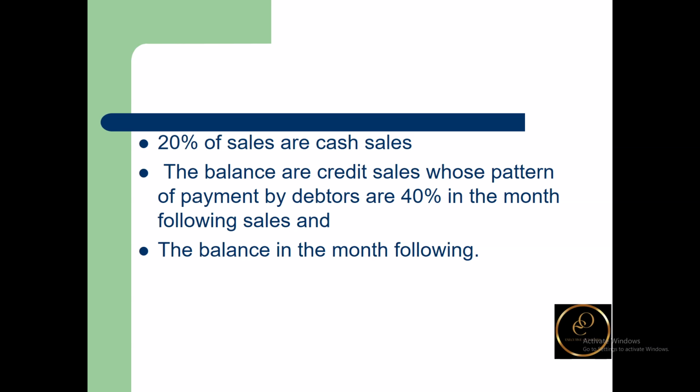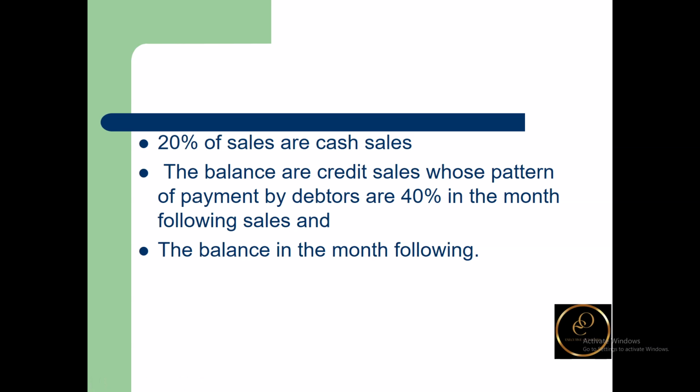Now here, the balance in the month following, the last point, is relating to 60% because this is relating to credit sales. Once you remove the 20% cash sales, the balance are credit sales, and these credit sales are the ones that are being referred to here.